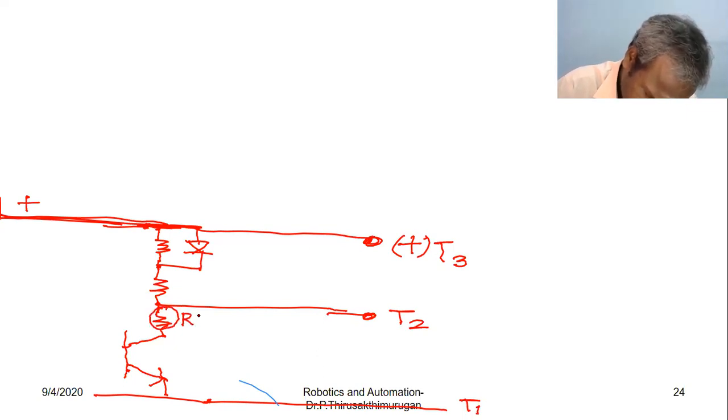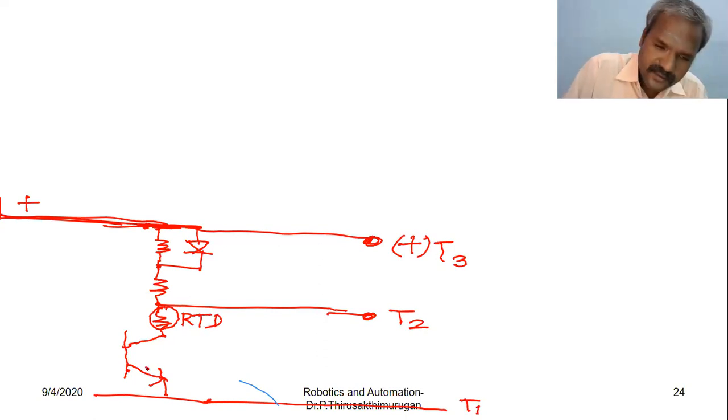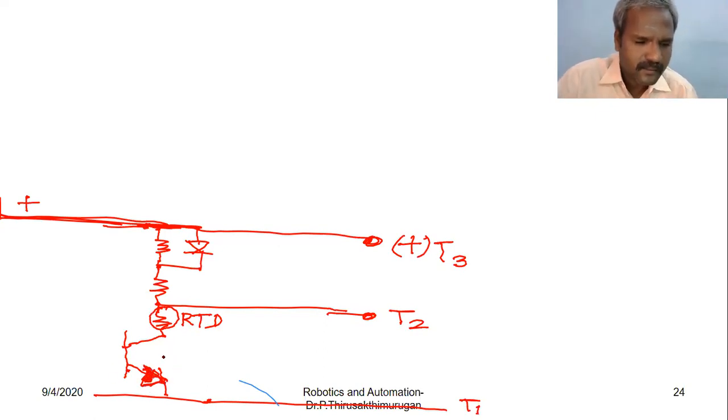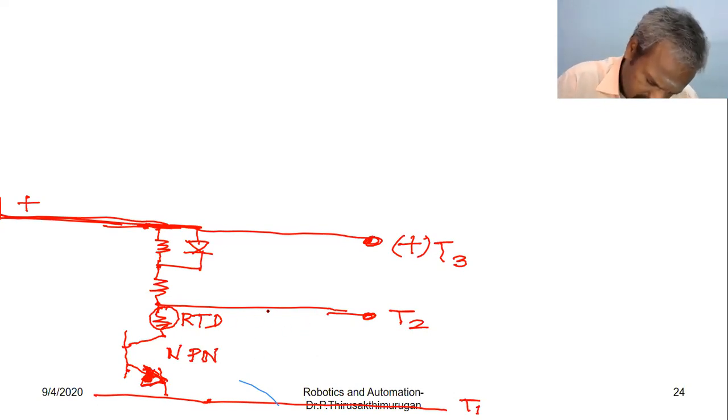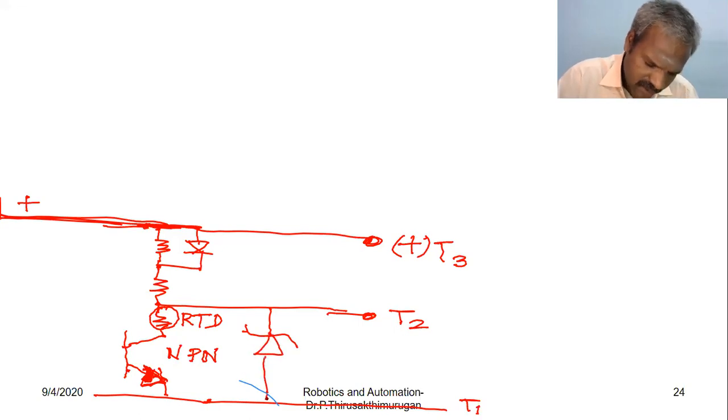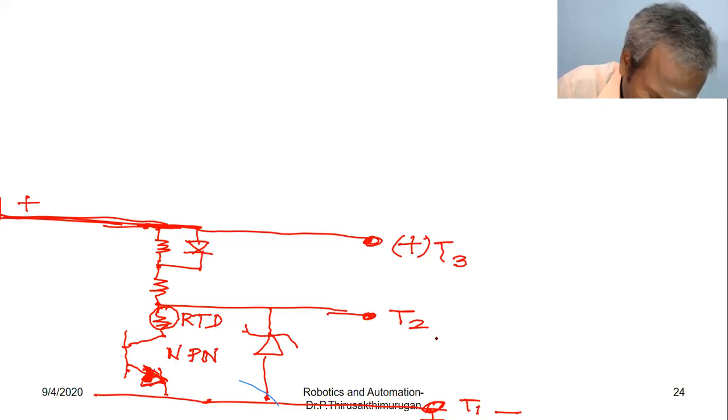This is an NPN transistor. Here we connect the Zener regulator for regulating the voltage. T1 is either negative or ground, then T2, then T3.